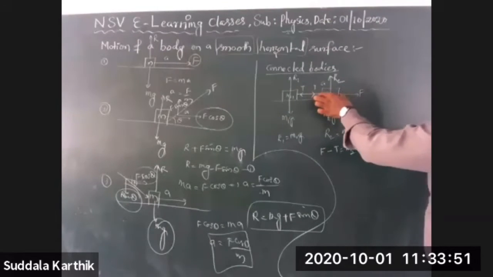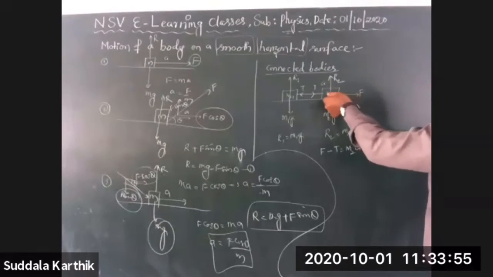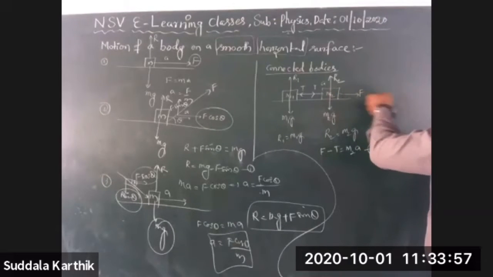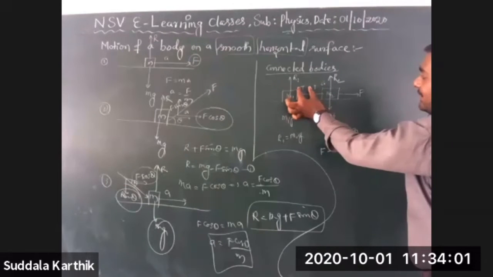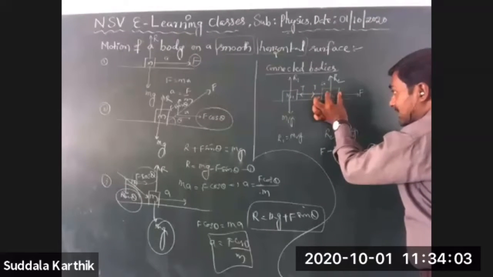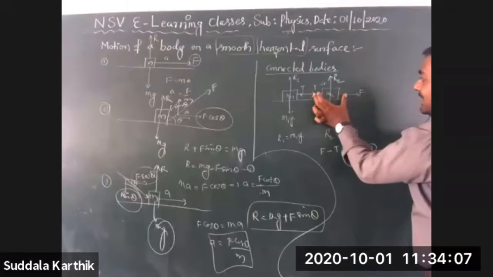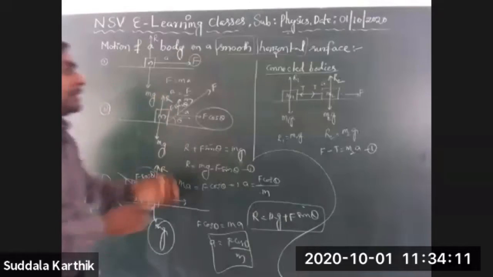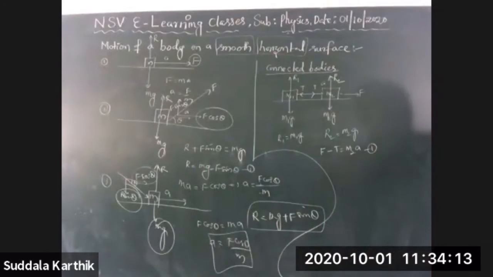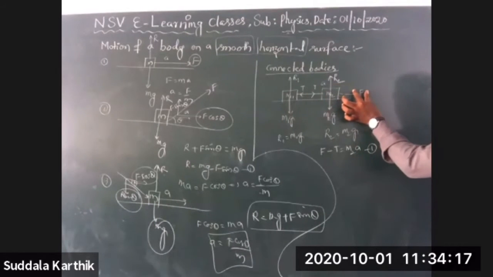See here, one mass m2 is there. It is getting some force in this direction, and the tension force is acting in this direction. This tension is developed due to the other mass. So the applied force is F. The resultant force is like this: your friend is pulling in this direction with a T force, and you are pulling in this direction with an F force.